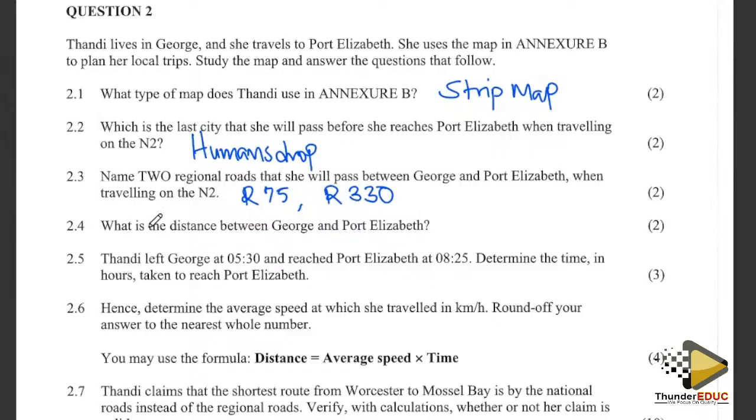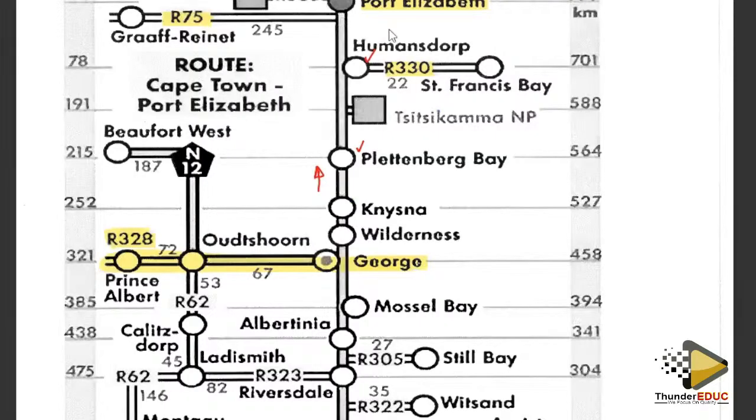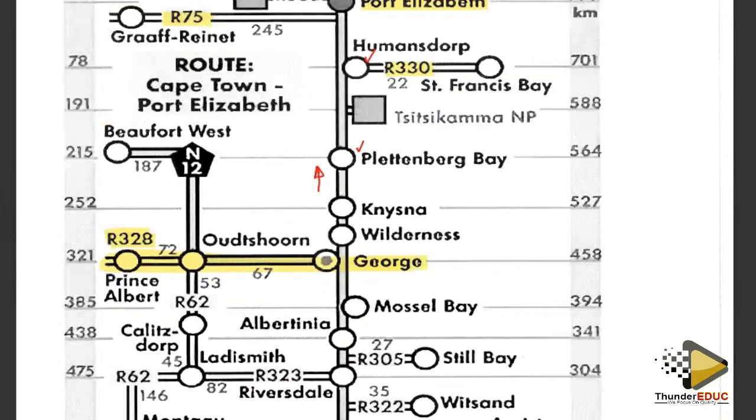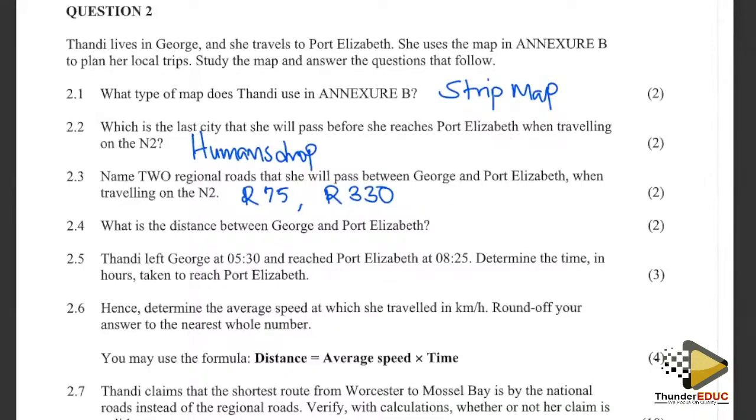Okay, it's fine. What is the distance between George and Port Elizabeth? What are we going to do? We shall need to subtract. Or remember, this map, one side, starts with 0, so from 0 to here, because George is on this line here. So we shall say it's 321 kilometers.